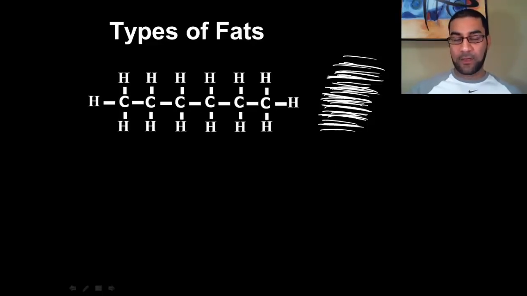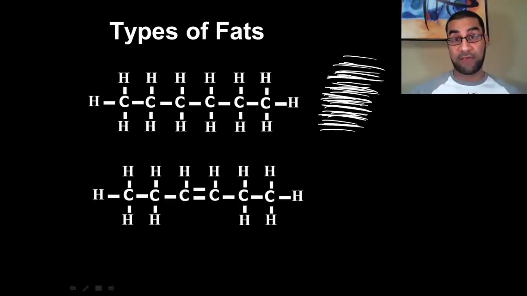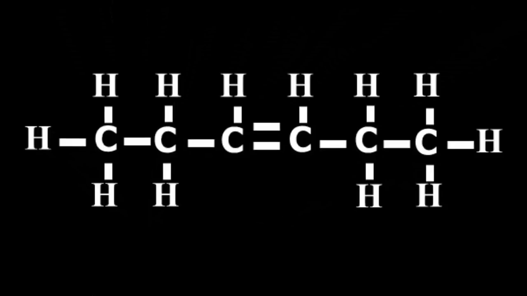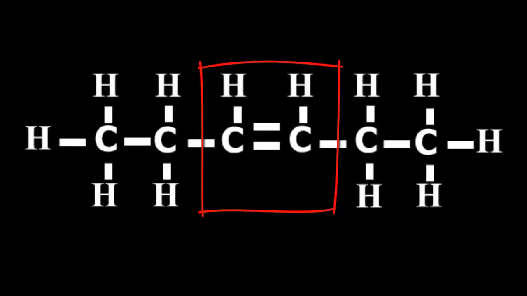Okay. Now, if you introduce a type of bond that's not just single, but a double bond into that fatty acid tail, then you're introducing something that's no longer completely surrounded by hydrogens. And let's walk through why real quickly. Let's take a look at this third carbon from the left and the third carbon from the right. Each of them still needs 4 bonds, right?